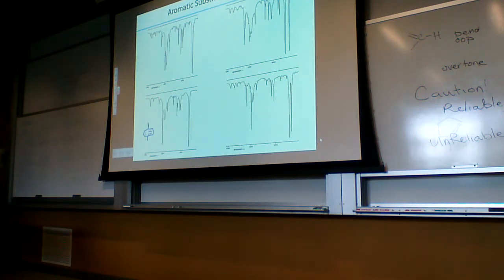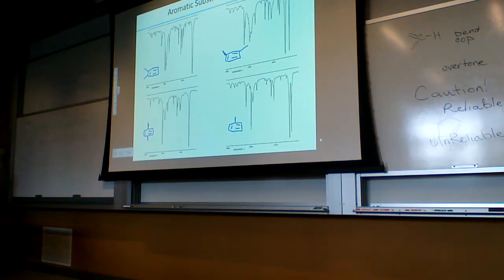So there's your para substituted. This one on your bottom right is the toluene from the first, and then we have a meta substituted and ortho and meta substitution patterns.